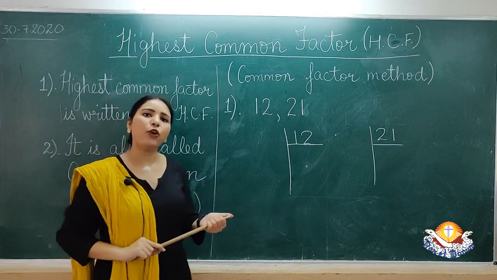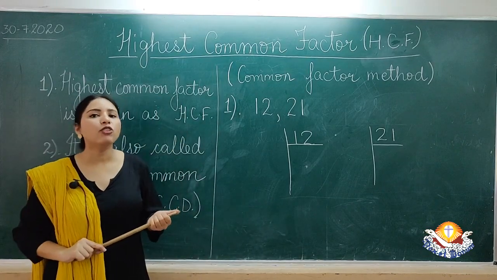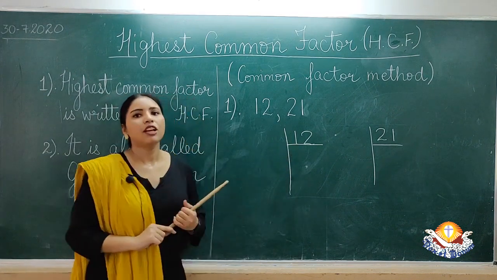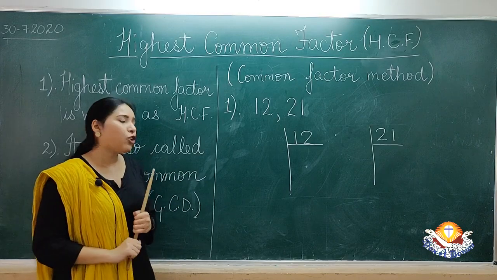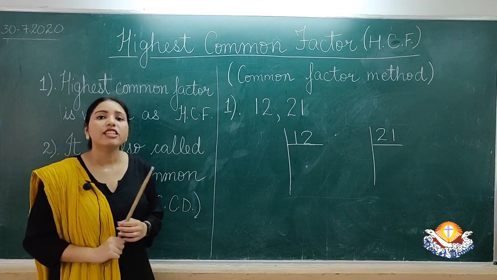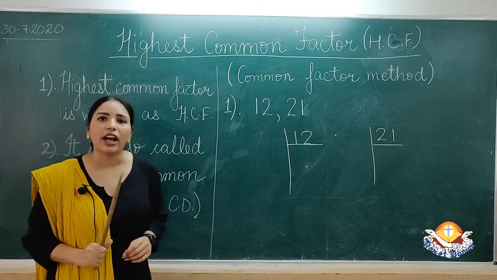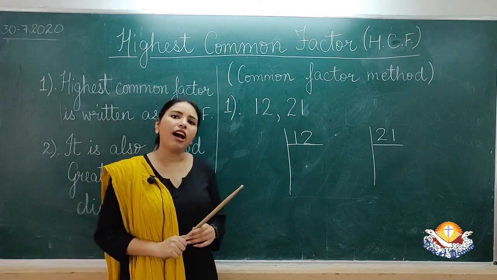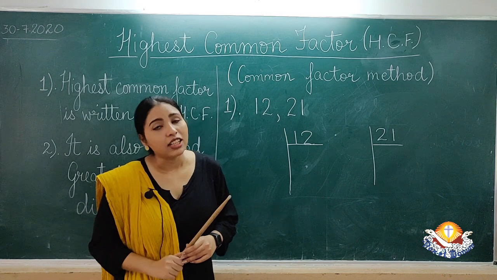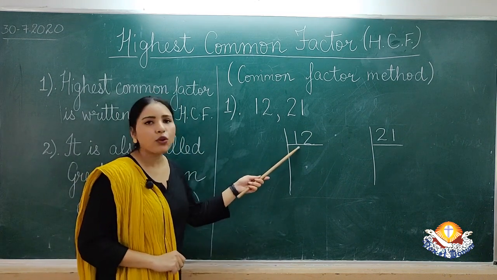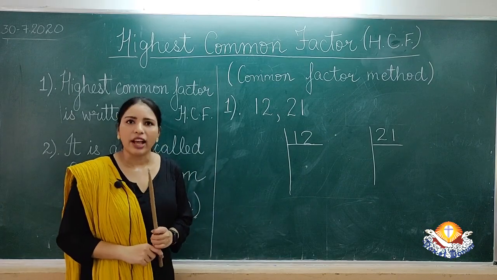Now first we are going to solve and take out the common factors of the number 12. So now children, as we know, the smallest factor of any number is 1. So we always start with the number 1. So here also the smallest factor of the number 12 is going to be 1.